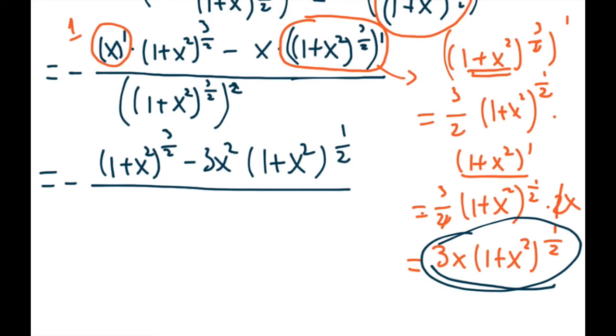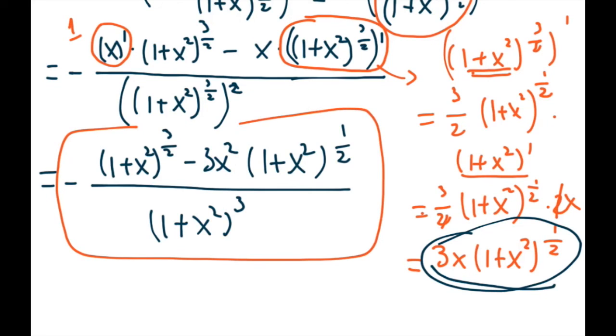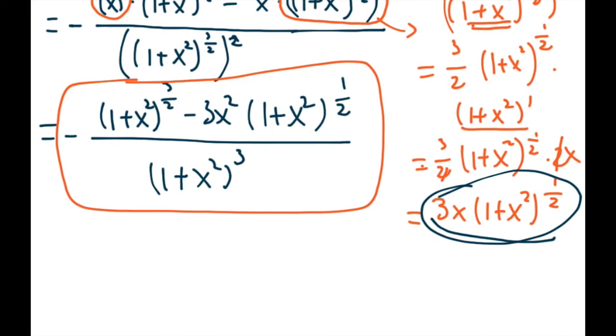And for the denominator, it is just 1 plus x squared to the cube. Okay? And this will be our final result. Okay, this is how you find higher order derivatives.